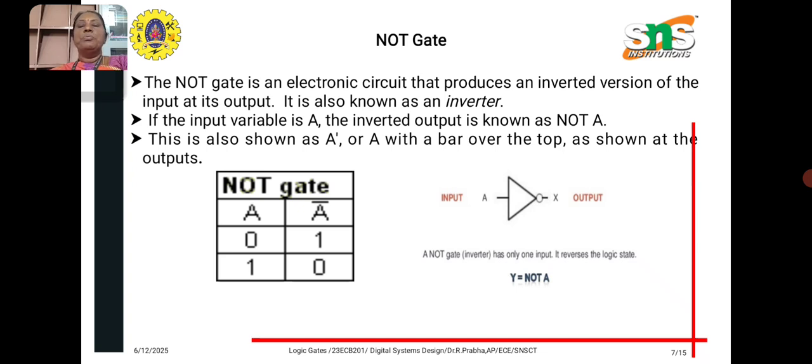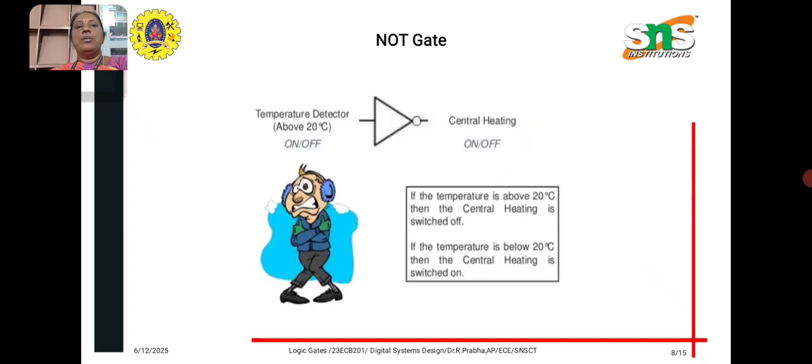The truth table is simple. If A is 0, A bar is 1. If A is 1, its output is 0. The symbol is a triangle, and NOT gate has only one input and one output, where the output X equals NOT of A.